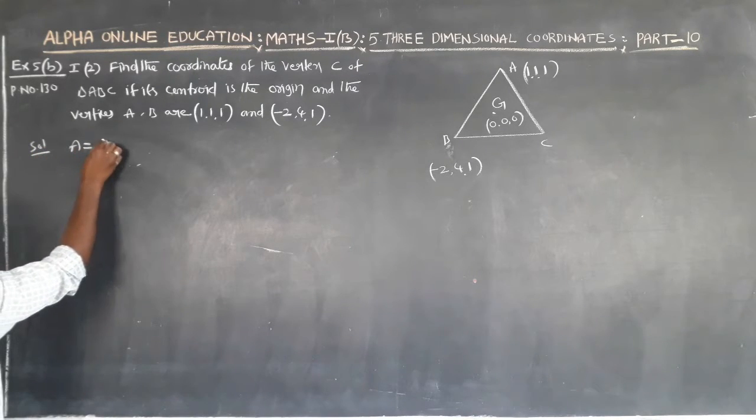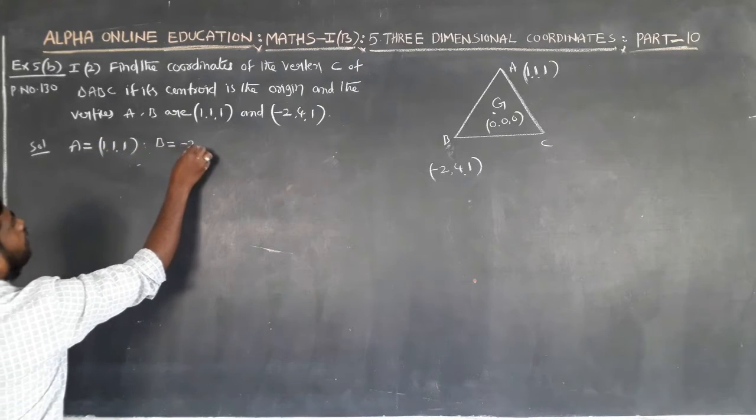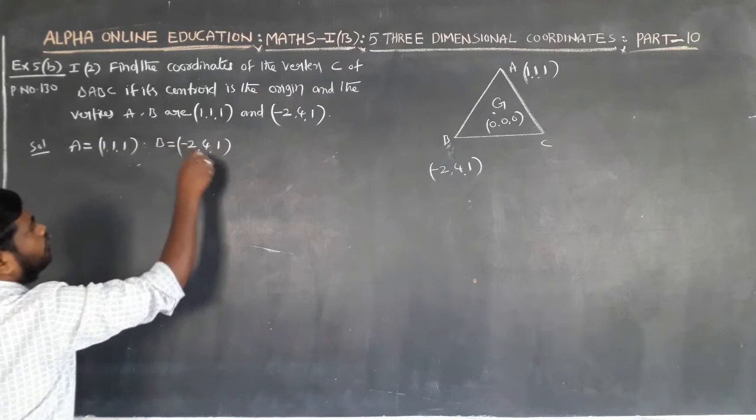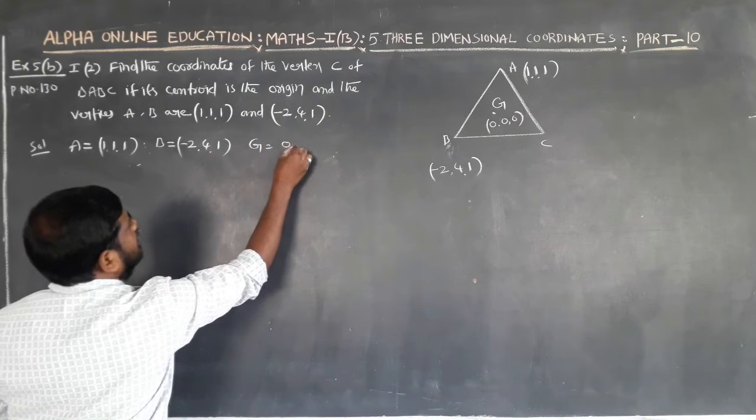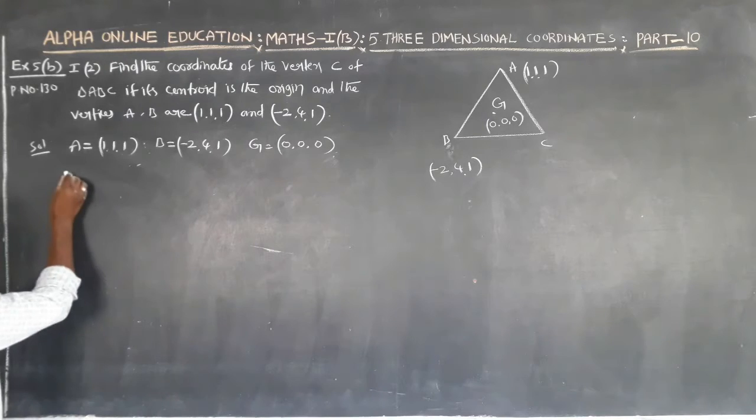Let A be the point 1 comma 1 comma 1, B the point minus 2 comma 4 comma 1. Centroid G is equal to 0 comma 0 comma 0.